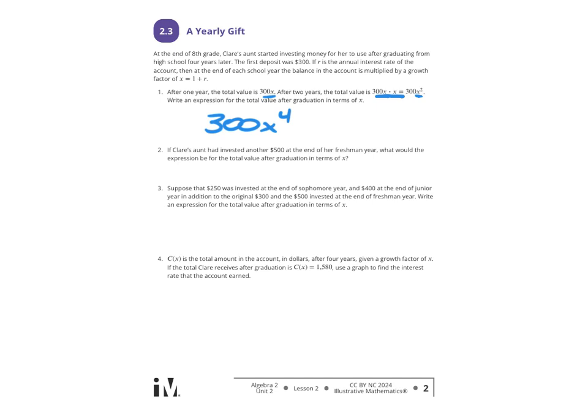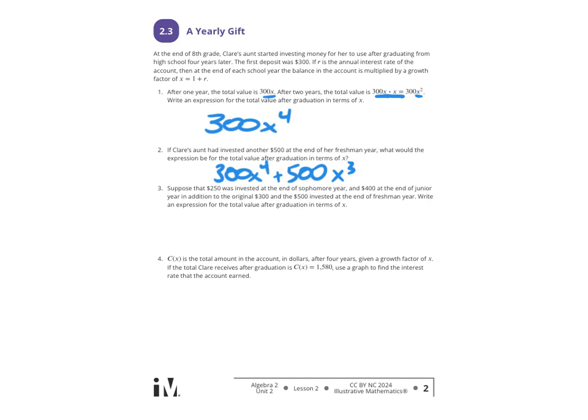And so we read the next sentence. If Claire's aunt had invested another 500 at the end of her freshman year, what would be the expression for the total value of graduation? So the 500 had 3 years to act. So we get 300x to the 4th plus 500x cubed. And then the same thing for the next one.